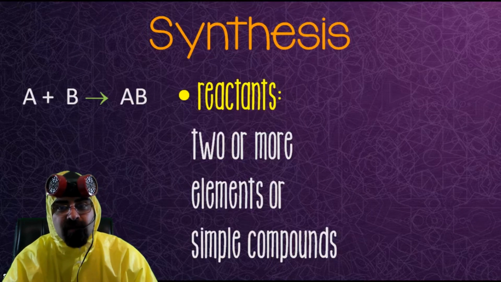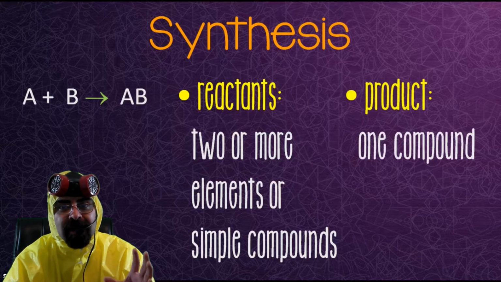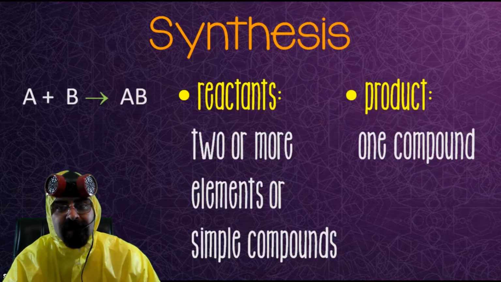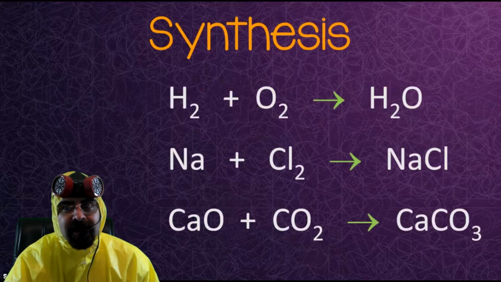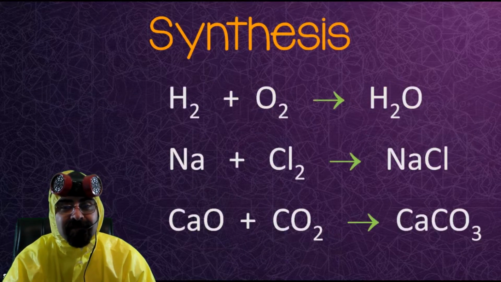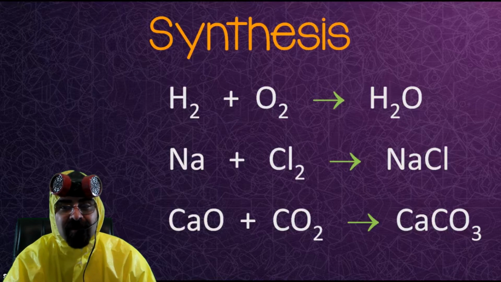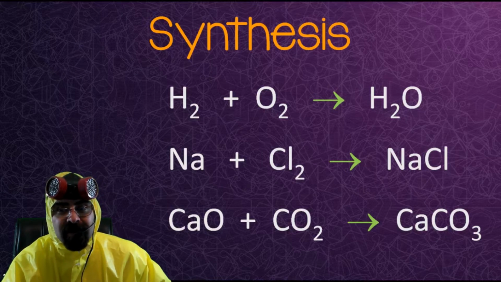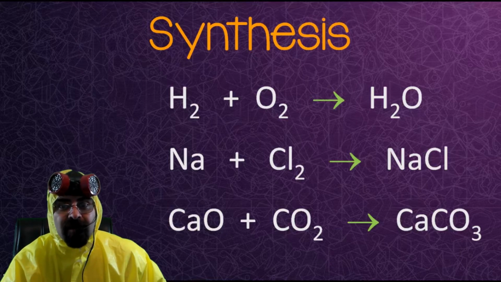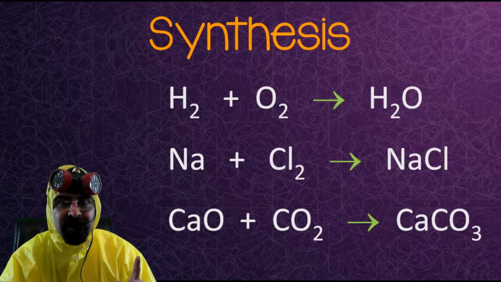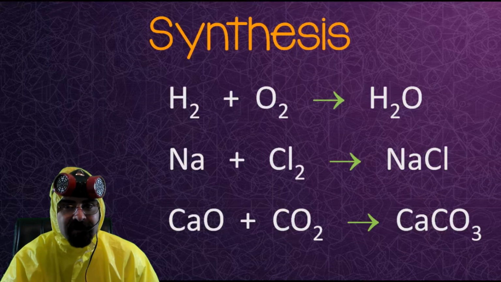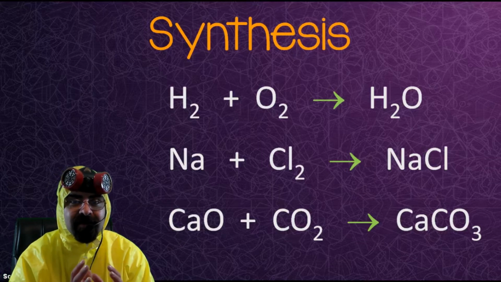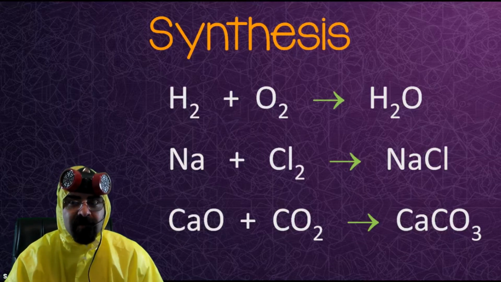But the product will always be one compound as they come together to form one. Here are some examples of some synthesis reactions. Notice they all start with a minimum of two reactants. You may end up with more, but they will always end with only one compound as a product because they have come together. Bonds have formed.